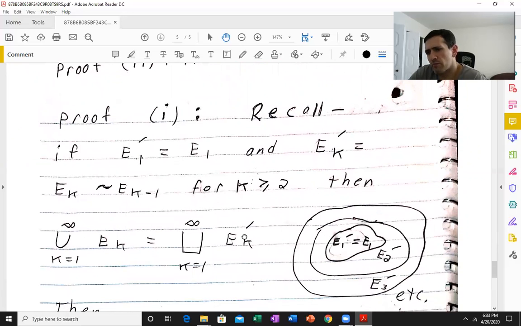And here's the obvious picture. It's like taking an onion and breaking it up into its layers. This is like the core. E1 prime is E1. E2 is this whole thing here, and E2 prime is just the stuff between E1 and E2.